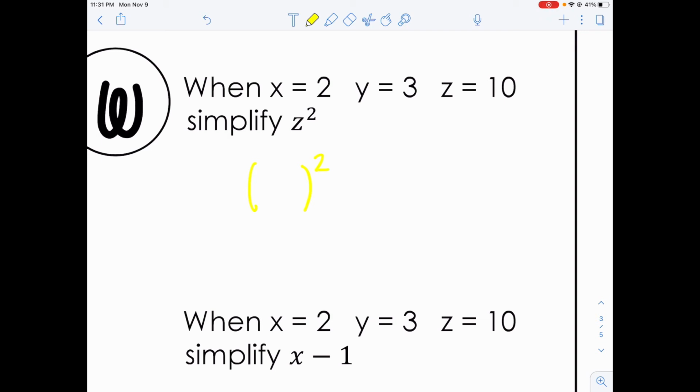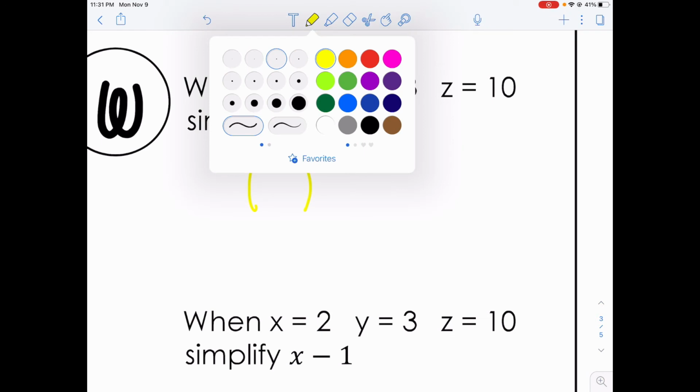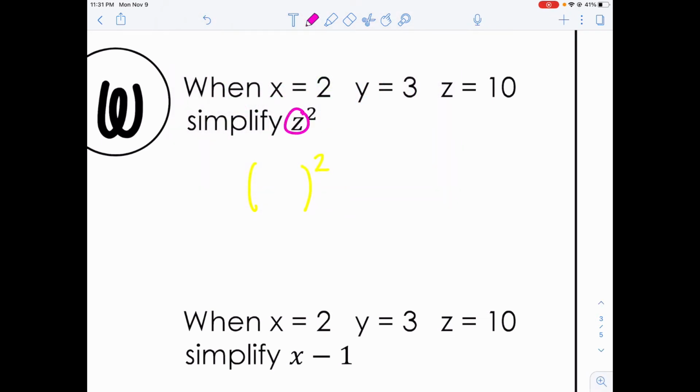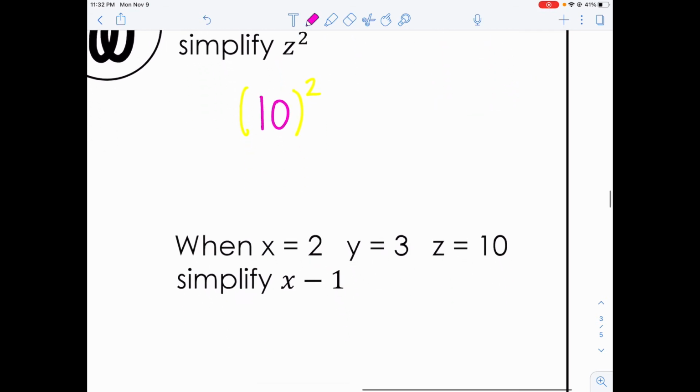Looking up at the top, they asked for the letter z. So I find the letter z and I see that z is 10. So inside the parentheses, I'm going to put 10. Now I'm going to go through and simplify. 10 squared, we worked on this earlier, is 10 times 10. 10 times 10 is 100.